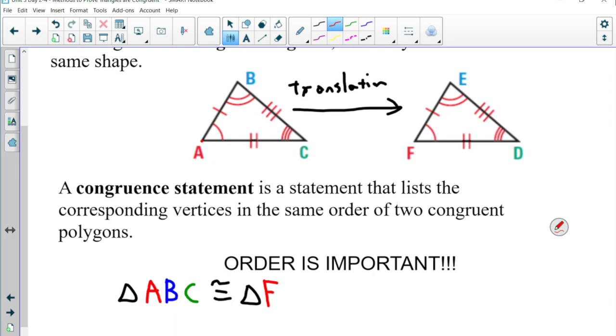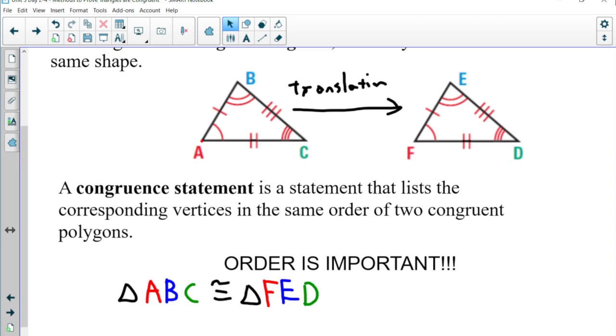Or you can think about it in the transformation. So because B goes second, I need to match it up with what goes second in the other one. So B, if I shift it over with the translation, shifts over to E. So E is going to go second there. And because C goes last, D is going to go last.